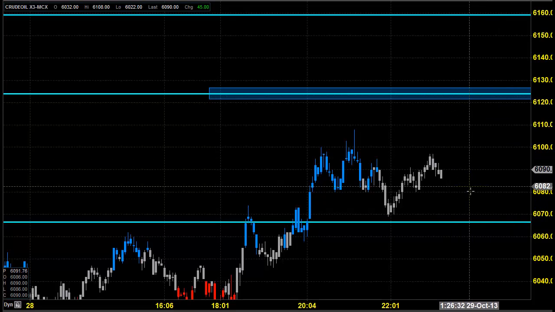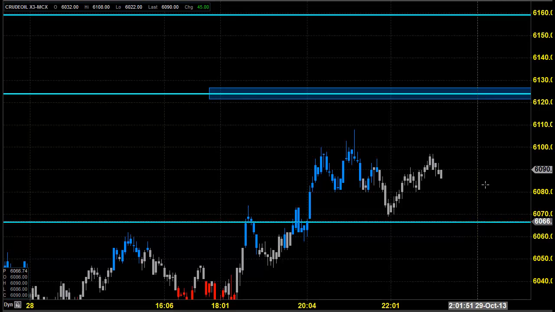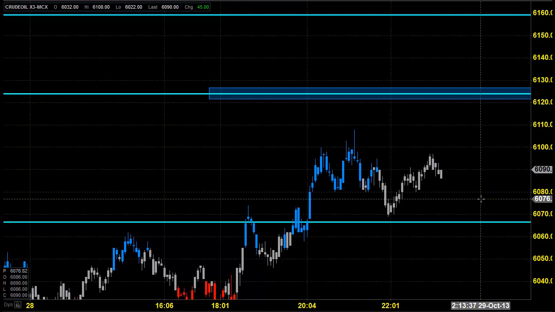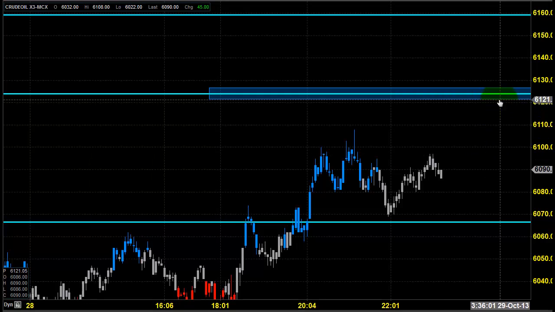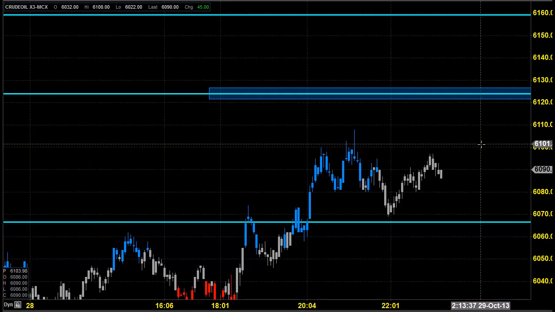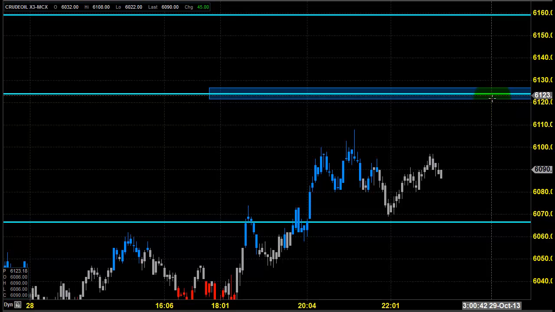Whatever might be the consolidation, the market will have a closing above 6060 or a closing above 6120, which can give a clear indication that the price can move up. But this is for buying.